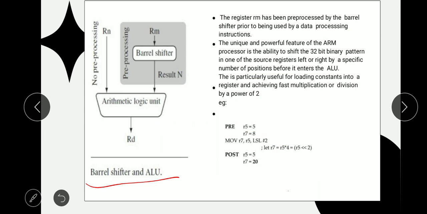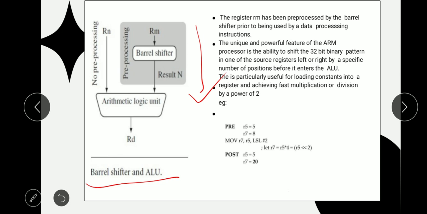A unique and powerful feature of the ARM processor is the ability to shift a 32-bit binary pattern in one of the source registers, either left or right by a specific number of positions before it enters the ALU. This shift increases the power and also flexibility of many data processing operations.